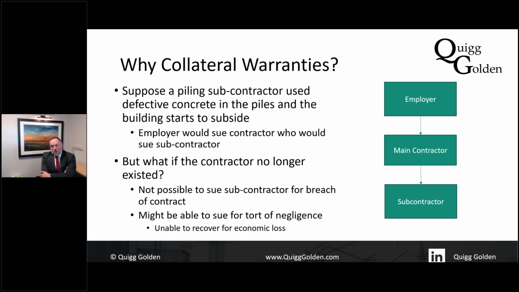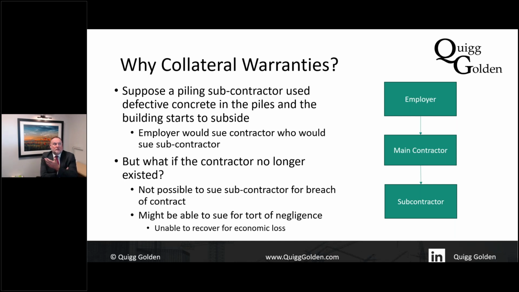For example, if you sue for negligence, you can't claim for what's called pure economic loss. I'll give you an example. A building had cladding panels attached to it. A cladding panel fell off and damaged a car. Luckily, nobody was injured. The employer, the building owner, went to sue the main contractor, but the main contractor was bust.